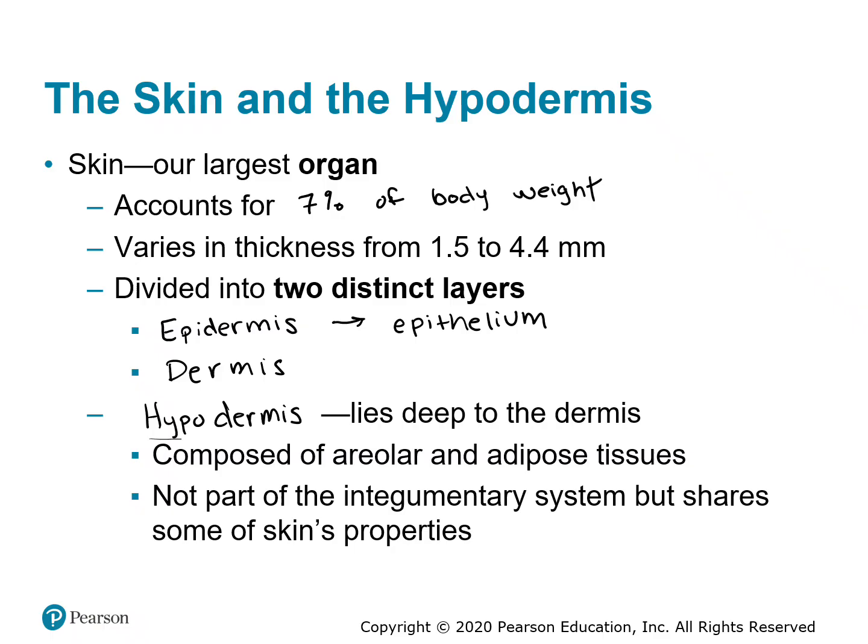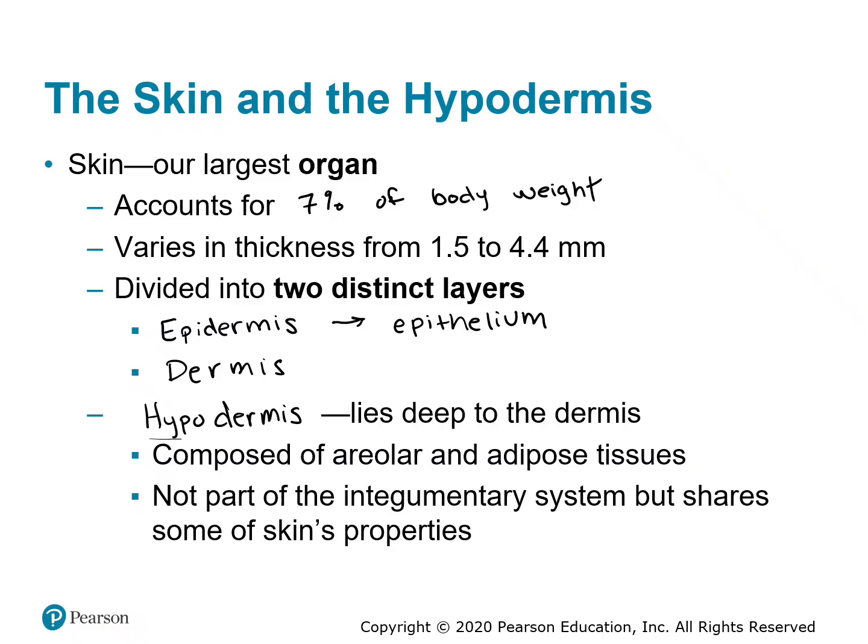What kind of tissue is that, areolar or adipose? If you were in lab today, you have an answer. Adipose is fat, yes, but what type of tissue? Adipose is a type of tissue. We have 4 types of tissues. I'm looking for one of the 4 types of tissue.